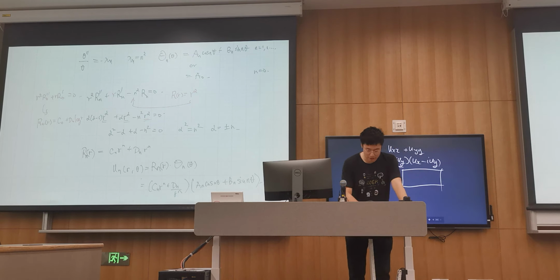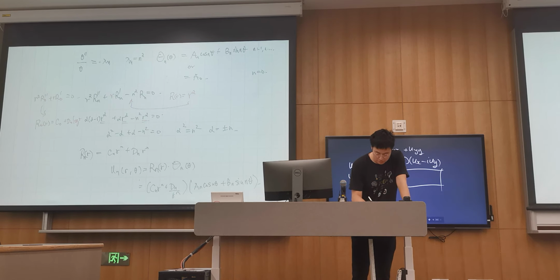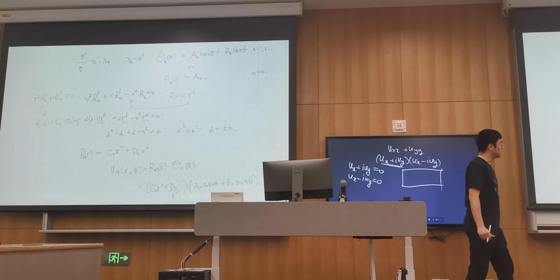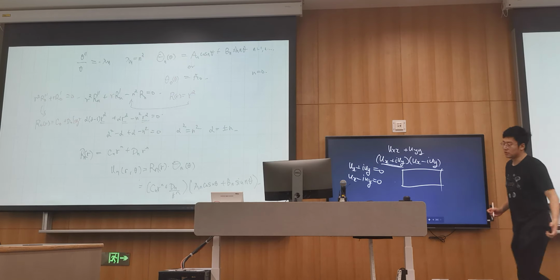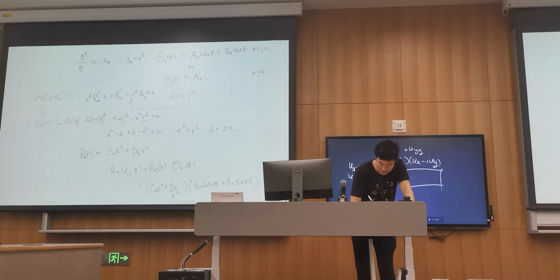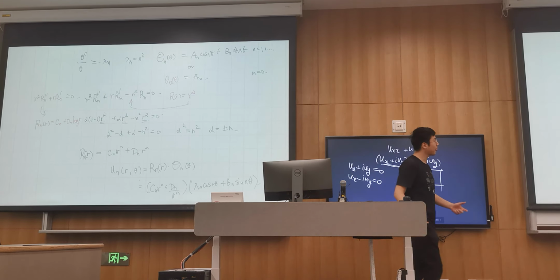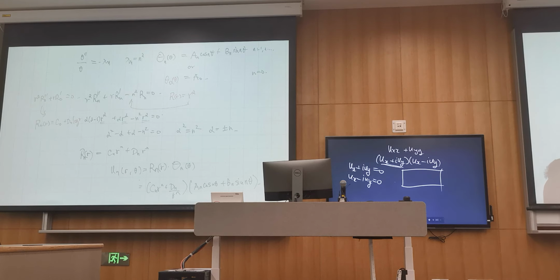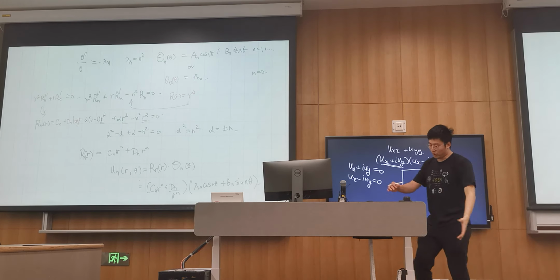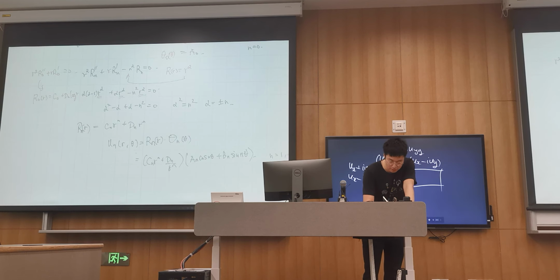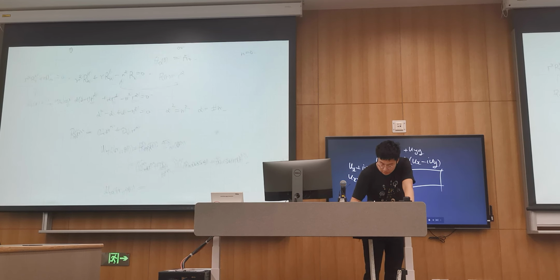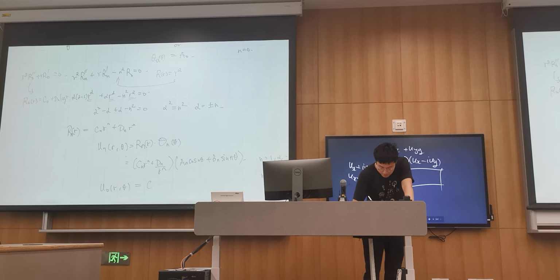Considering that in this case theta 0 theta is actually a constant a0, we'll be obtaining u0 r theta, which directly equals something like c0 plus d0 log r.